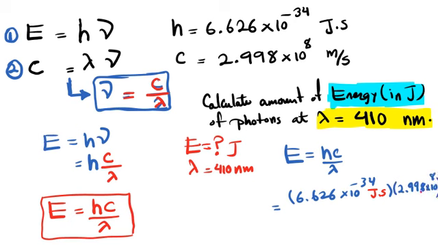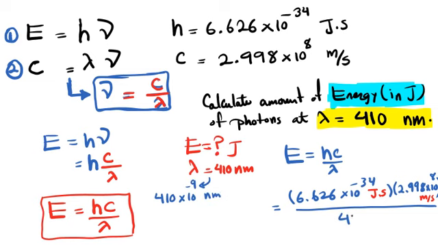And c is meter per second, divided by, again, 410. It means we can write 410 times 10 to negative 9. I'm going to write 410 times 10 to negative 9, and the unit is nanometer. Sorry, why did I write nanometer? We already converted to meter.